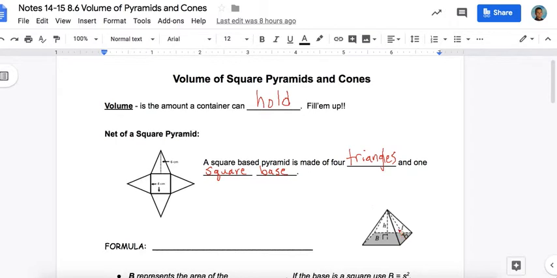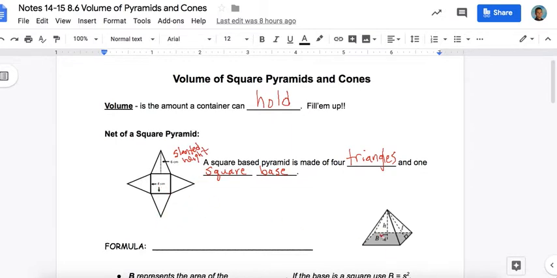Now, if you look at the picture over here, you can see that when this is folded up, this will be on the side. So this is actually called a slanted height over here. Okay. And we'll label it right here. So next to the 6 centimeters here, we'll say slanted height.